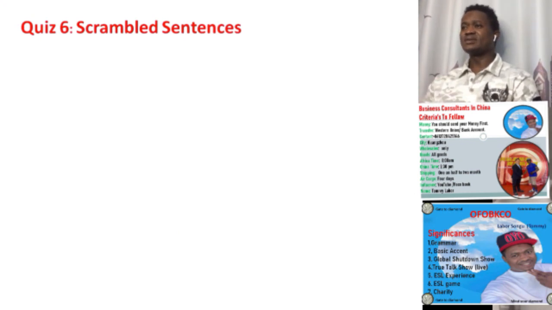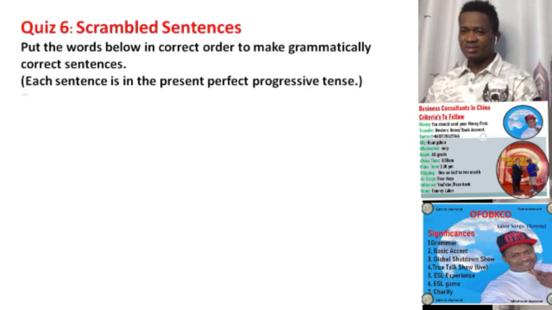Okay, guys, let's go. Put the words below in correct order to make grammatically correct sentences in the present perfect progressive tense. Each sentence is in the present perfect progressive tense.